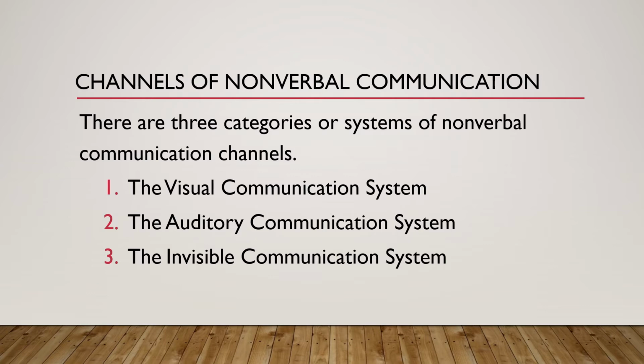Three systems that are really important for conveying meaning beyond words. The first is the visual system, the second is the auditory system, and the third is the invisible communication system. So that's how we're going to discuss the many different channels that were outlined in your textbook.